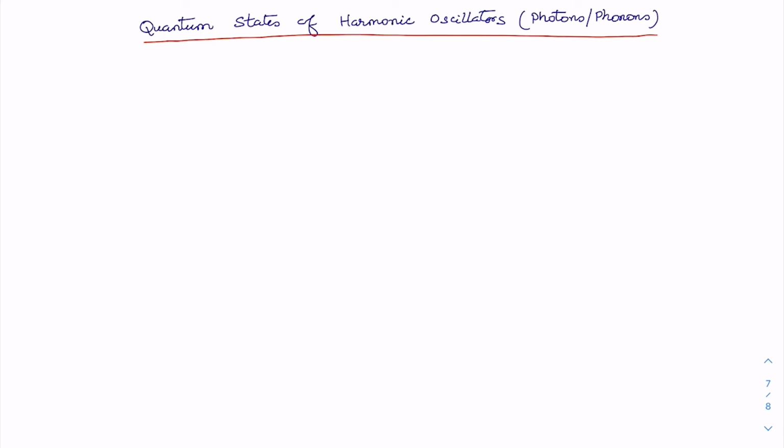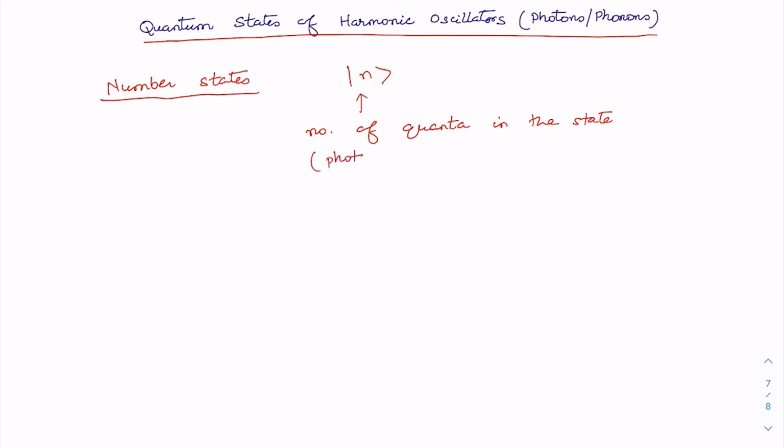Earlier, when we discussed quantum mechanical oscillators, we discussed the so-called number states, and these number states were represented by ket n, where n refers to the number of quanta in the state, and these quanta were known precisely, and they may be photons or they may be phonons.